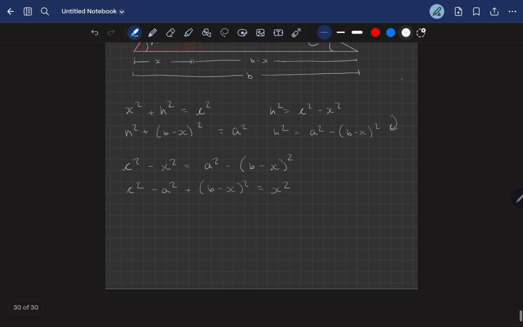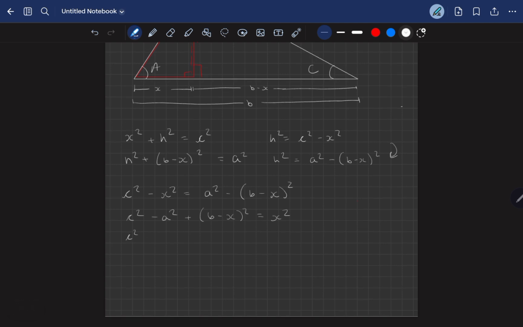Now we're going to expand out the brackets. So c squared minus a squared plus b squared plus x squared minus 2bx is equal to x squared. And notice how the x squareds cancel each other out, just like that. And we can add a squared to the other side. So we have c squared plus b squared minus 2bx is equal to a squared.